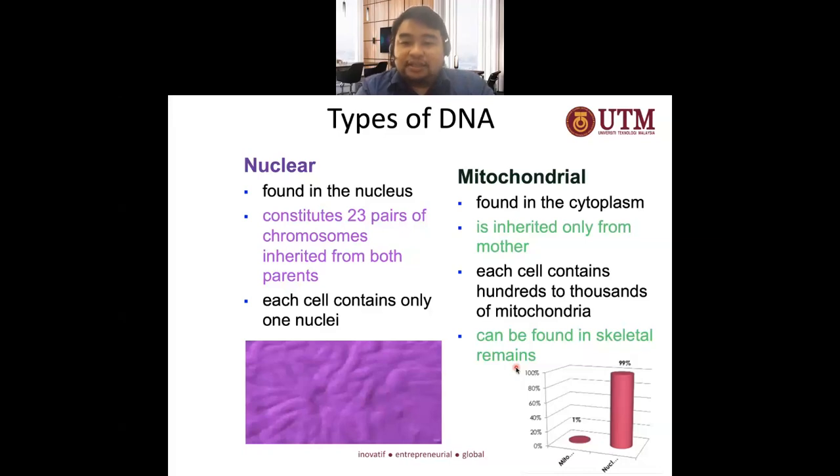Skeletal cells have an abundance of mitochondria, and therefore an abundance of mitochondrial DNA. So how can we say that mitochondrial DNA is inherited only from the mother? Why, does our father not have mitochondria?